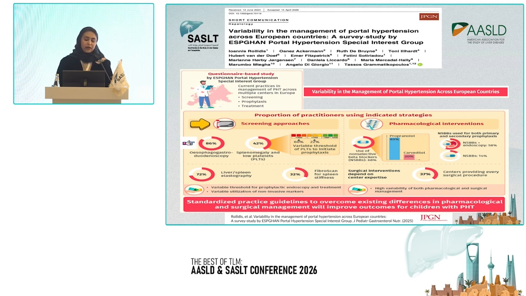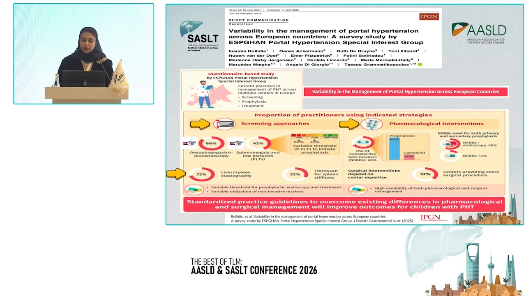However, they don't have a cutoff for low platelets for thrombocytopenia. Some of them used less than 100 to define thrombocytopenia. Some of them define thrombocytopenia below 150. For non-invasive tests, around two thirds of them used liver and spleen elastography, and around one third of them used spleen stiffness.